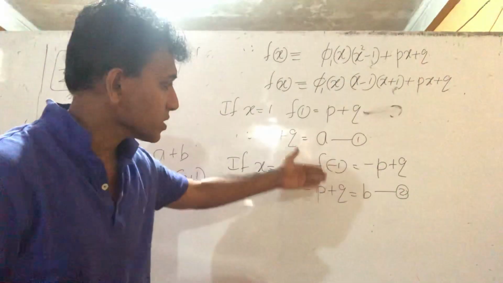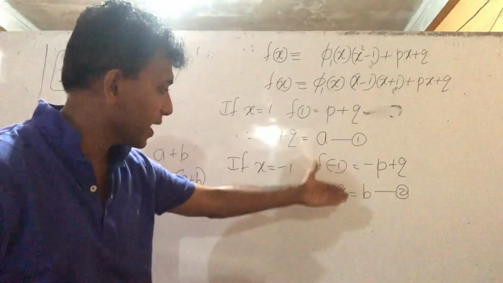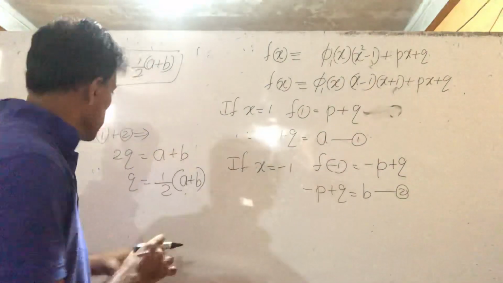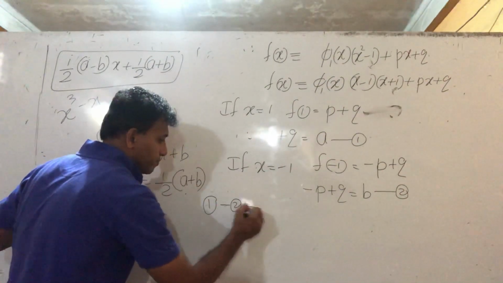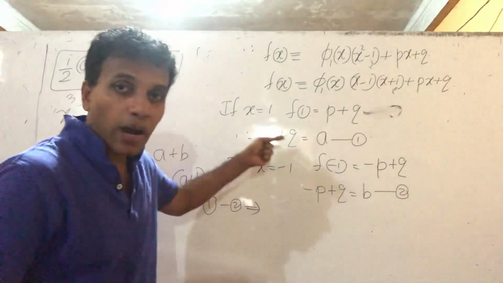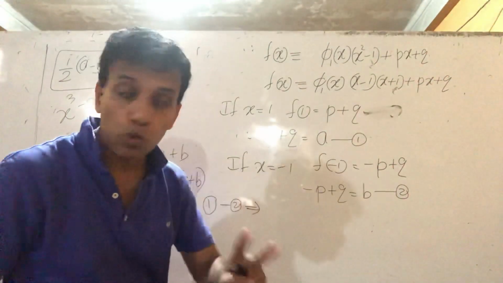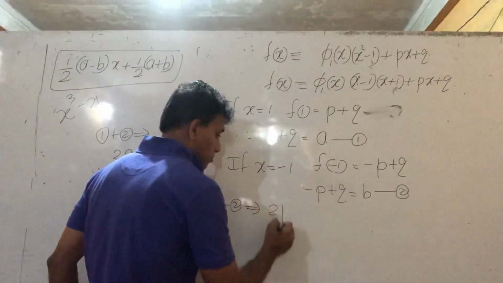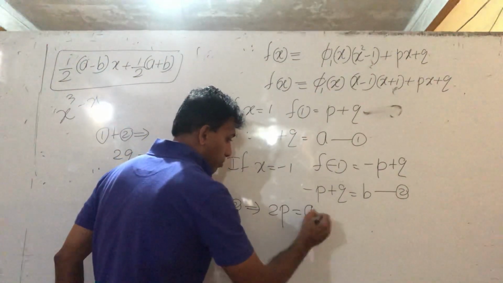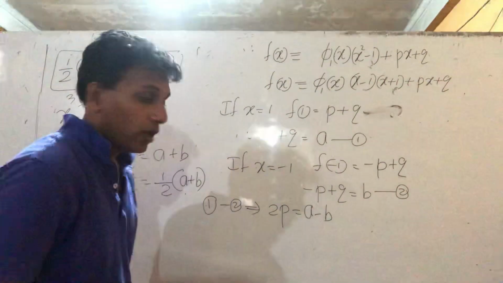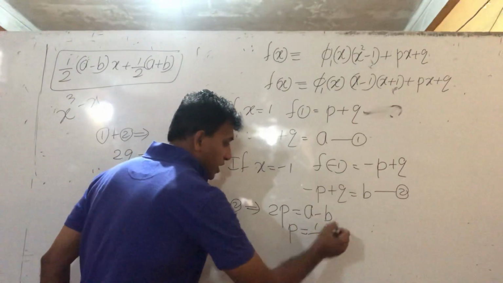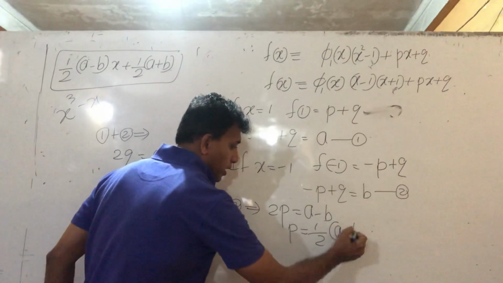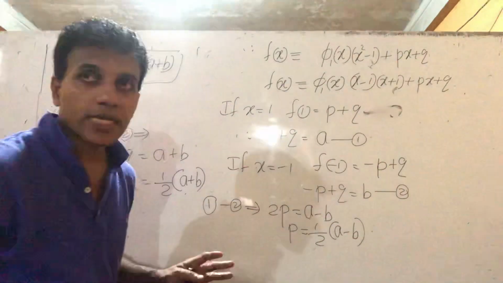Subtract the second equation from the first equation, and p minus minus p is 2p equals a minus b. Therefore the p answer is what? Half into a minus b. So the answer is completed.